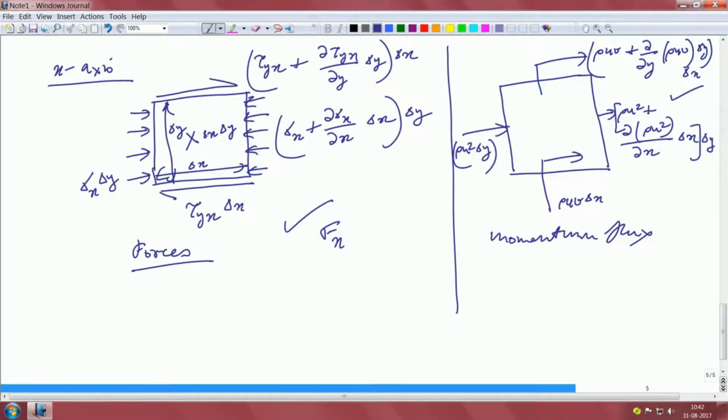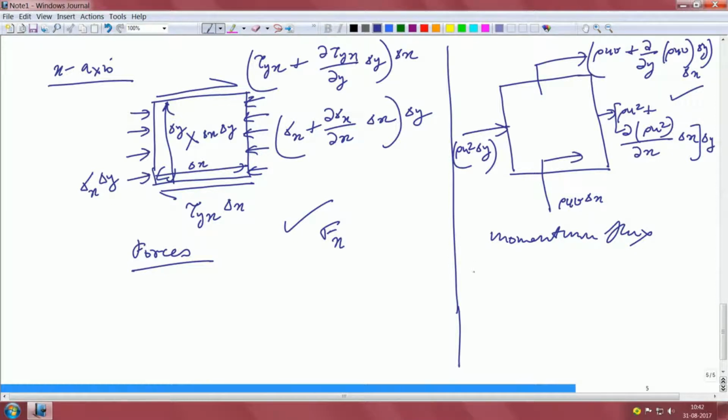Now we can assemble all these terms together and look at the individual parts of their share. On the force side we will have a share, and on the momentum flux side we should have a share. What will be the share on the momentum flux side? It is once again momentum in minus momentum out, a very simple thing.